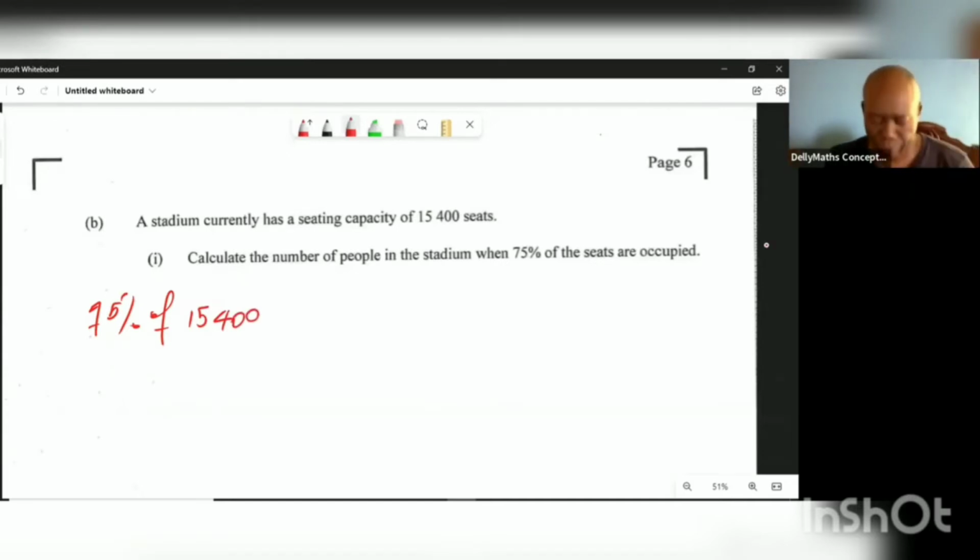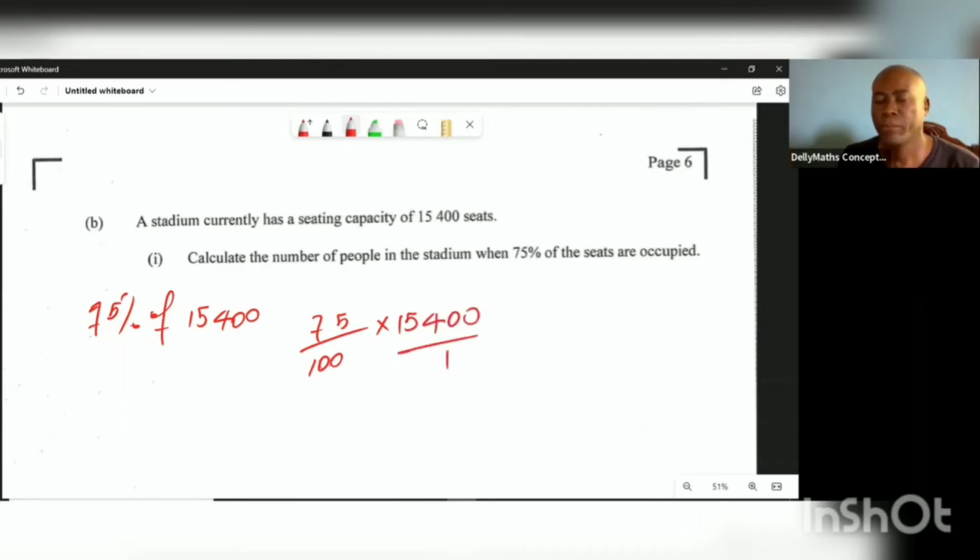All right, so that becomes 75 over 100. We want to multiply that by 15,400. So that's what we're really checking right now.